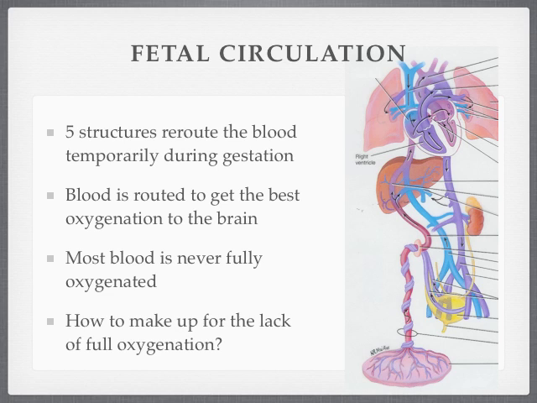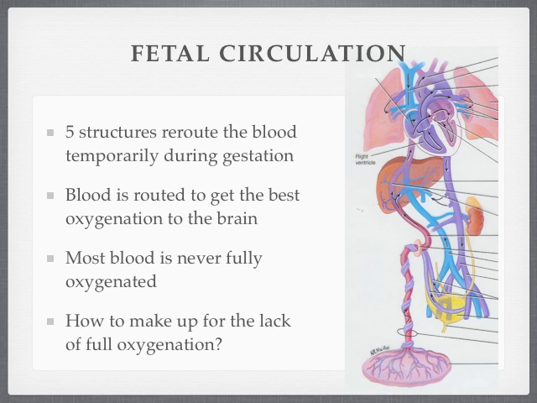So what we do need to realize, though, is that although we do get the best blood possible up to the aortic arch and onto the brain, most of the blood in the human body, in the fetal body, is never fully oxygenated.